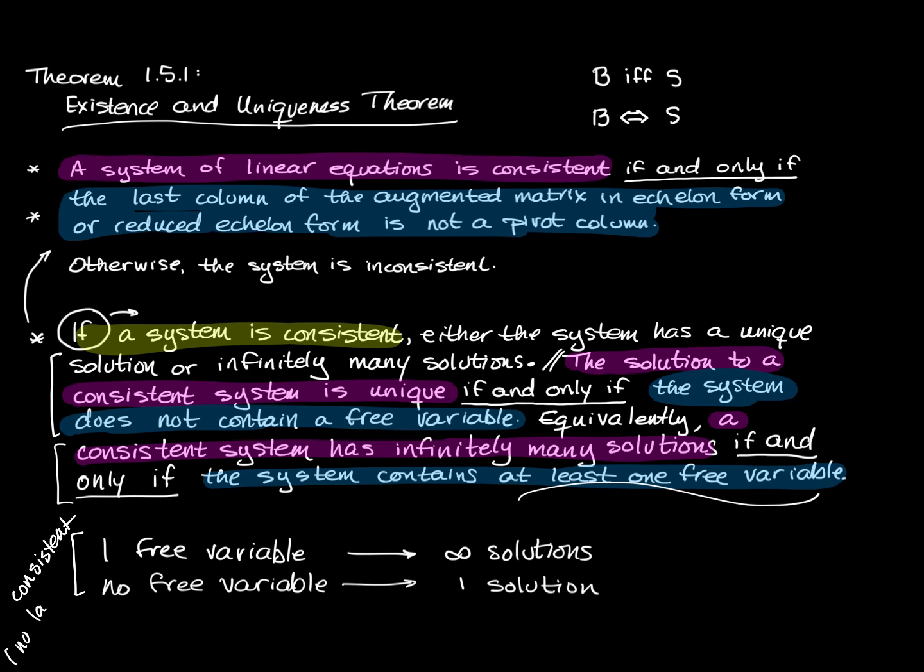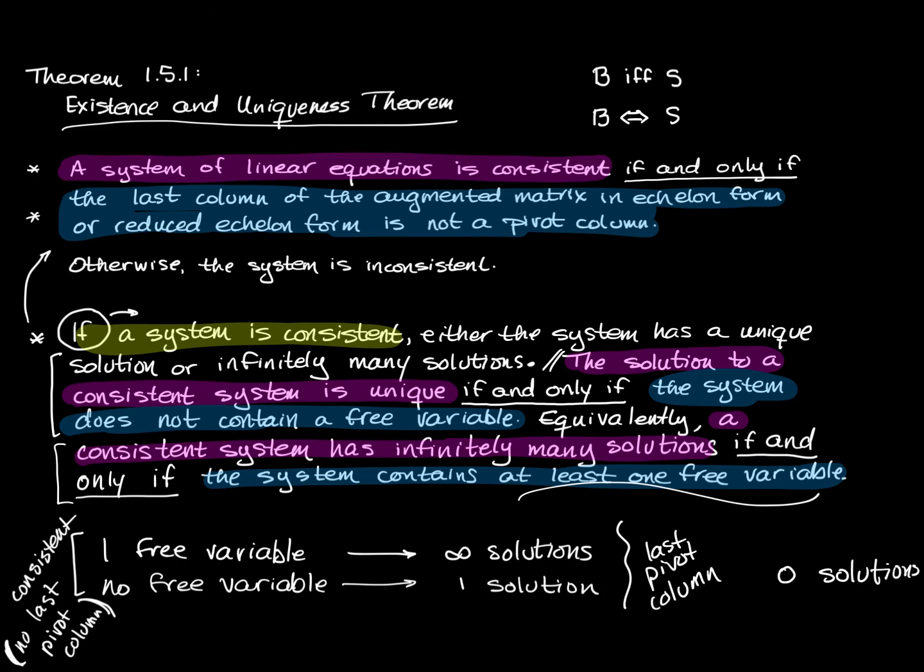No last pivot column. That's pretty ham-handed, but there you go. So that's that situation. If you do have a last pivot column, then that first condition is not met and you have an inconsistent system, which means you have no solutions.